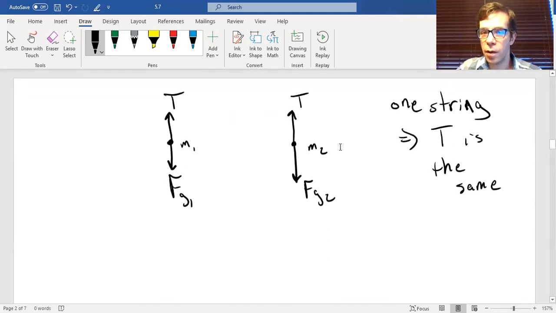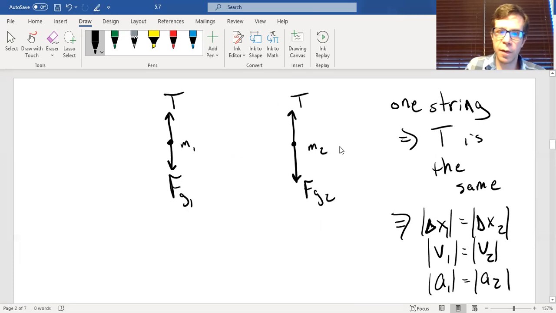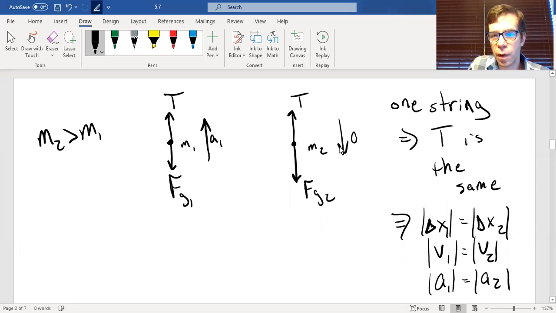Also, since it's one string, we know that any change in position is the same. That means any velocity is the same, and any acceleration is the same. And notice I'm putting magnitudes on this because let's assume that M2 is bigger than M1. Then this is going to accelerate upward, and this is going to accelerate downward, and that's why I'm putting magnitudes on that stuff.